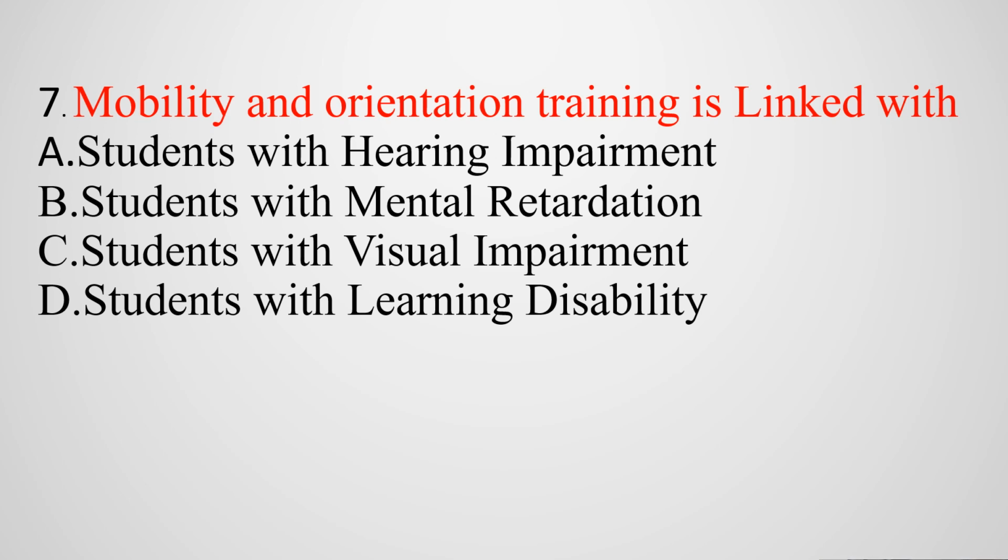So even they don't require it. Even those having some mild mental retardation can do their own work. Student with learning disability, here there is no such kind of evidence. Learning disability, even there are types: dyslexia, dysgraphia, dyscalculia.